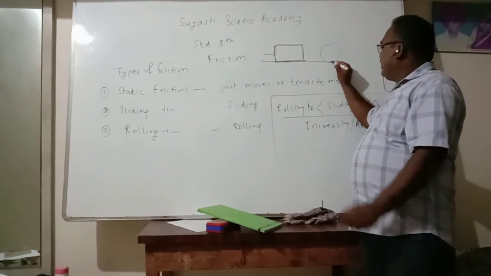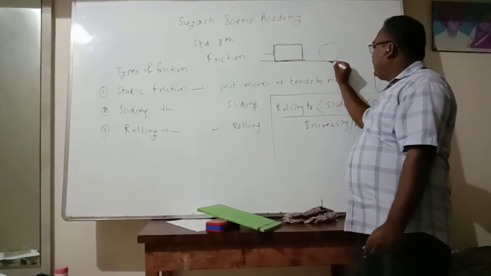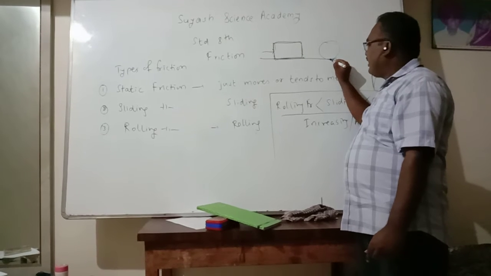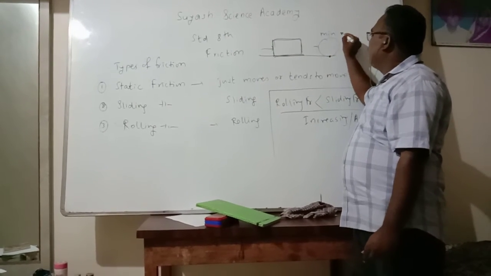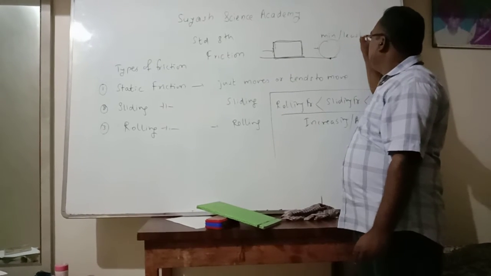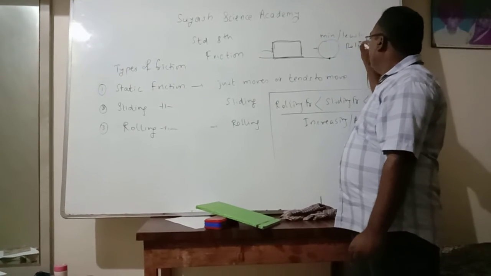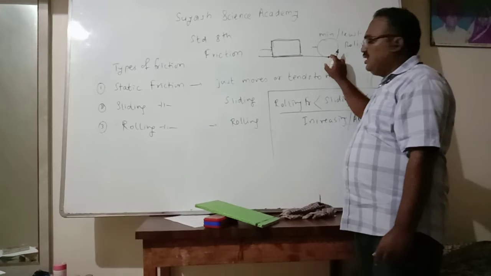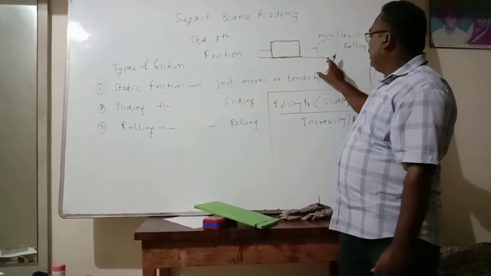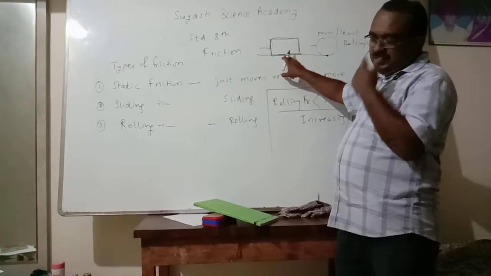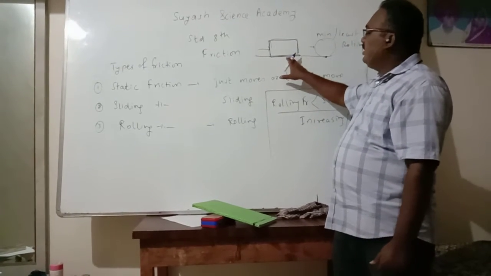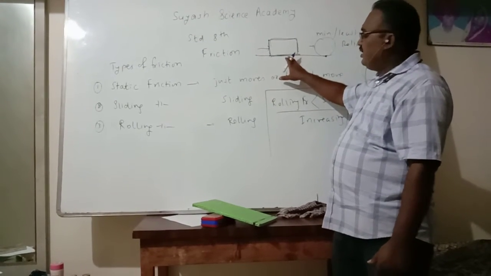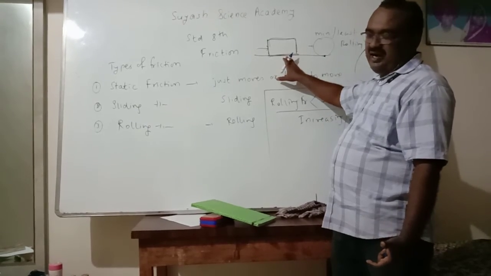There is contact at only a single point, so minimum or least force has to be applied during the rolling. Therefore wheels of the vehicle are made round in shape. If they were rectangular, more force would be required, and there would be wastage of fuel and energy.